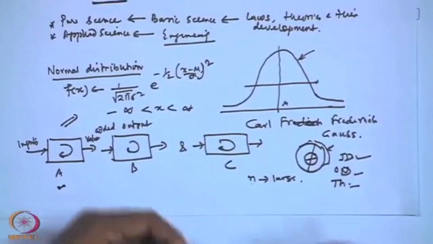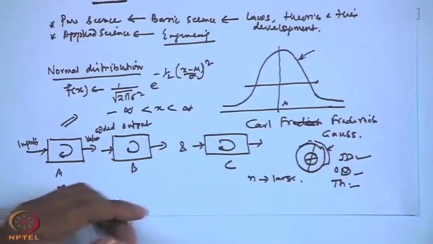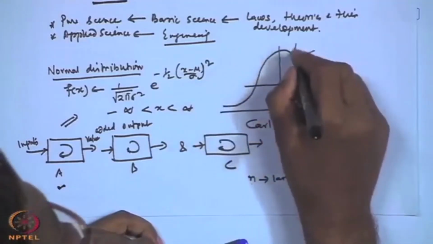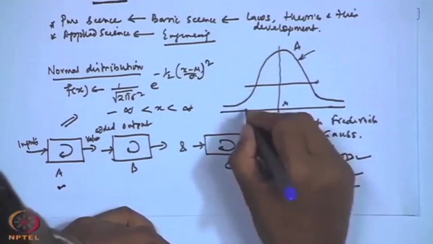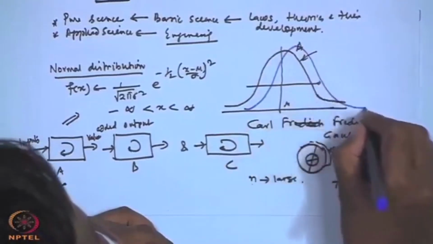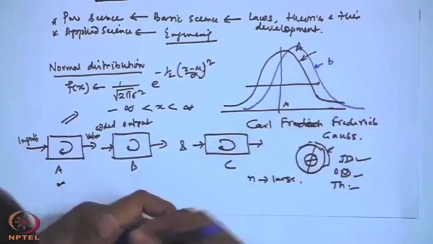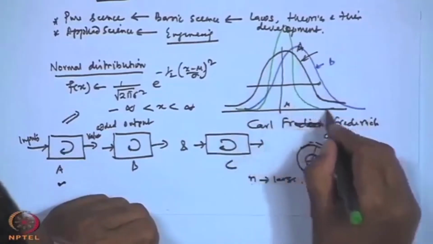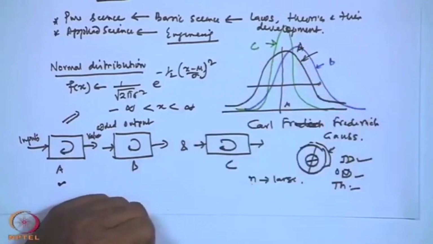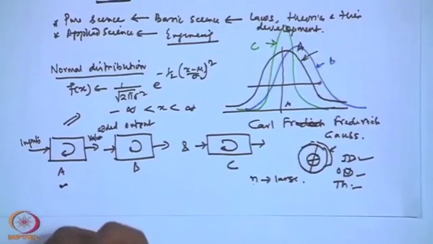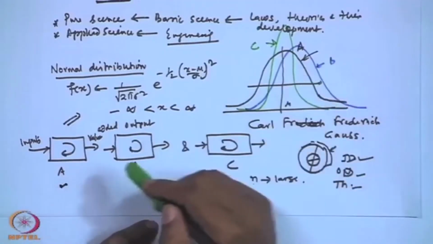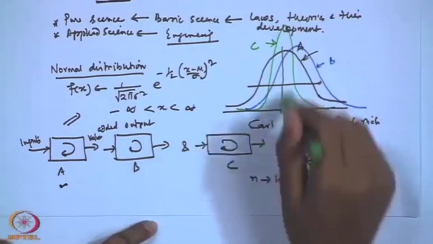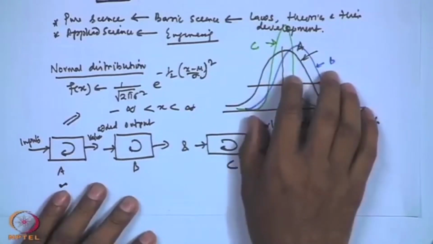Now, in order to get it further clarified, suppose this one is for production process A, and this is for production process B, and the third one is for production process C. Then using these you will be able to compare A, B and C in terms of their performance, in mean and standard deviation.